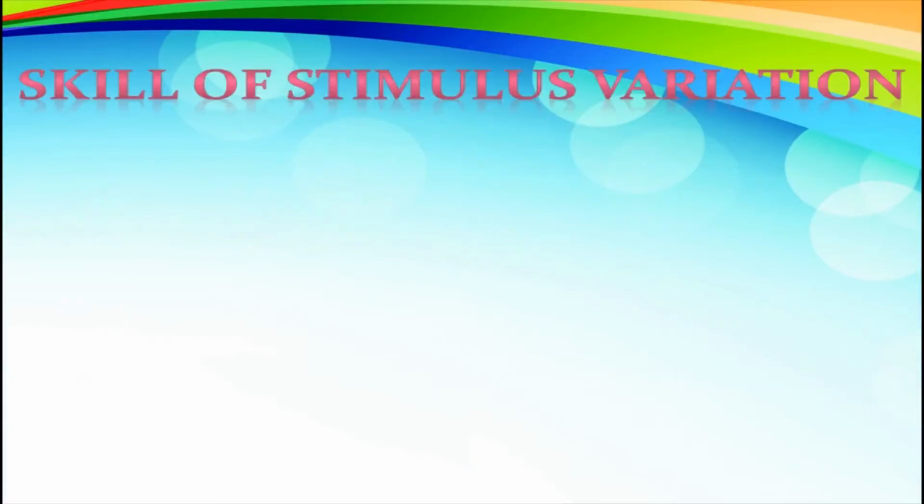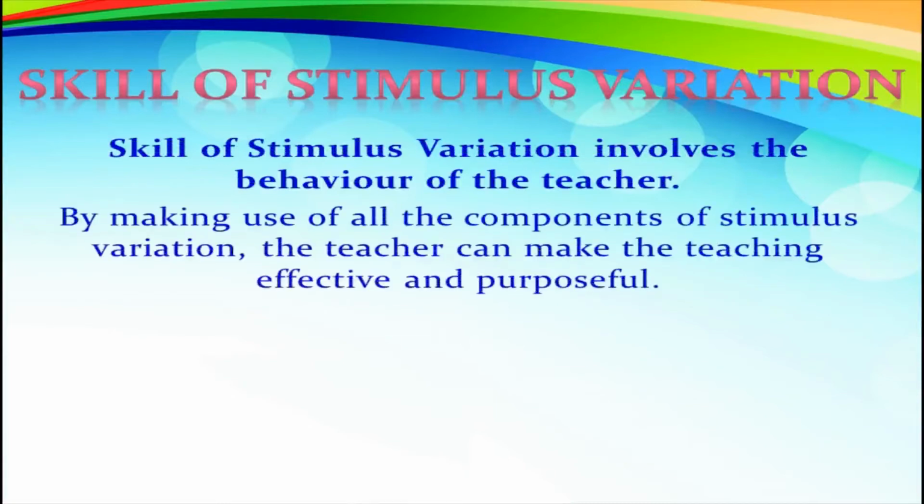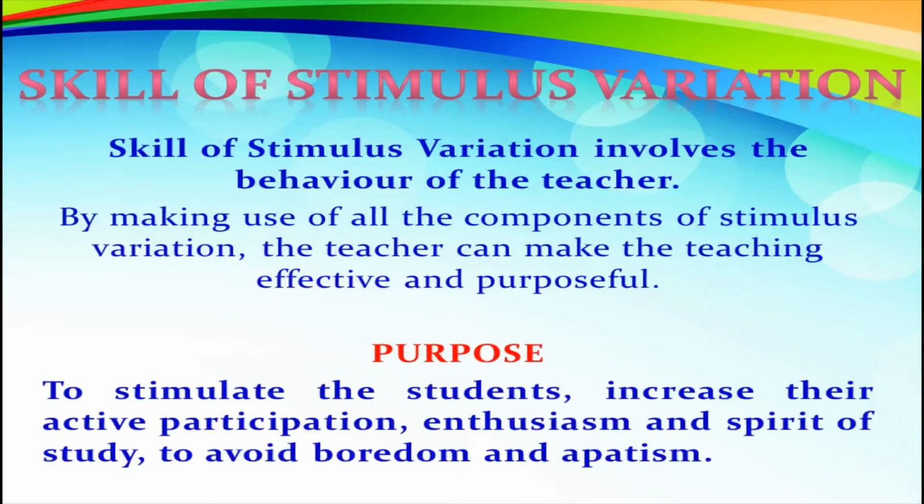The skill of stimulus variation involves the behavior of the teacher. By making use of all the components of stimulus variation, the teacher can make the teaching effective and purposeful. The purpose of this skill is to stimulate the students, increase their active participation, enthusiasm, and spirit of study, and to avoid boredom and apathy.